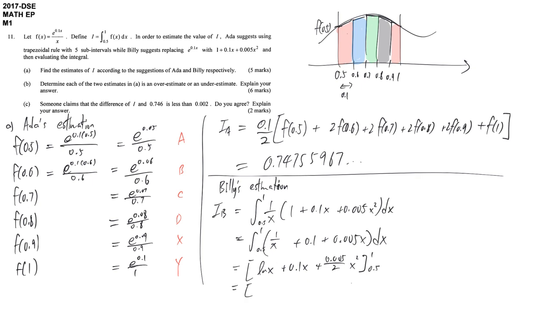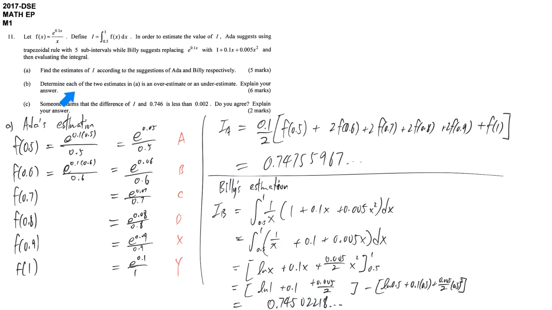We use the 1 case minus the 0.5 case. Then we get 0.74502218. These two values should be quite close because both of them are estimations of the same thing.